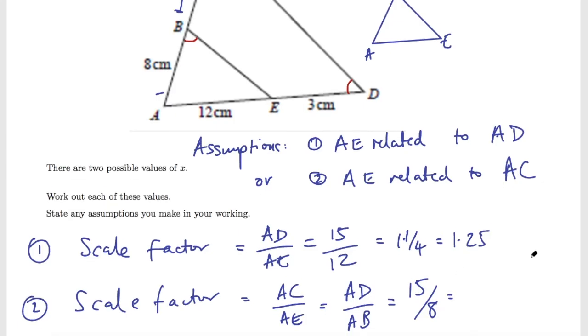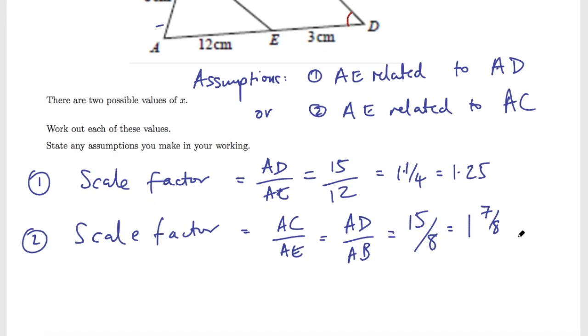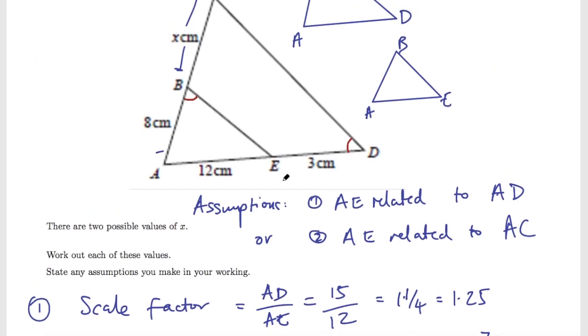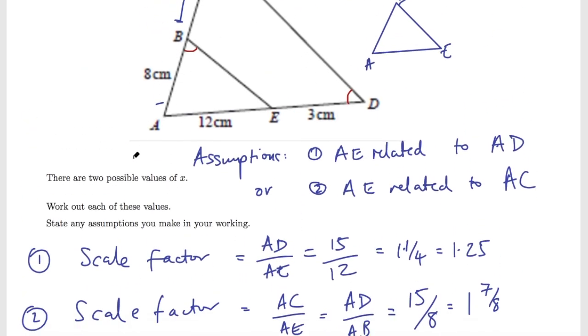And that is a little bit more difficult because that's 1 7/8. So you can see we're probably going to have to do some calculating here. Now, we've got two scale factors. So this side, AB, could be enlarged to AC, or AE could be enlarged to AC. So AC is 8 plus x.